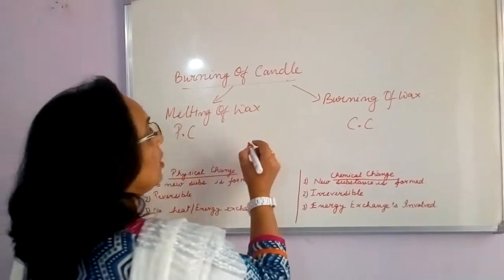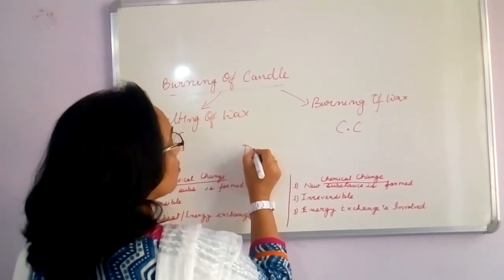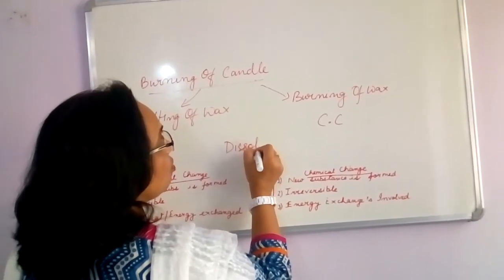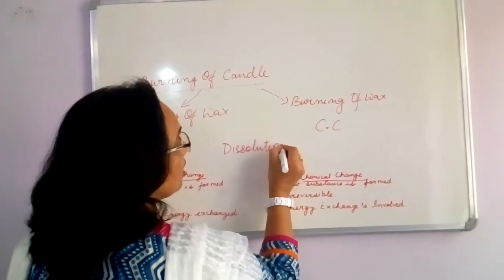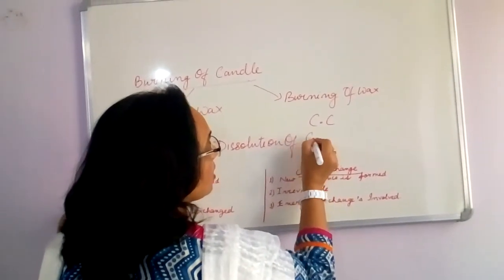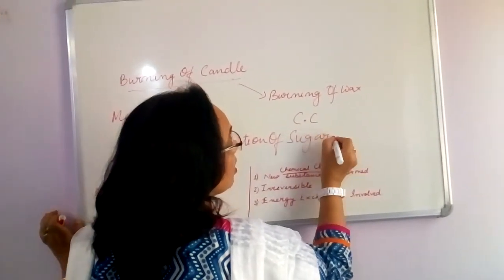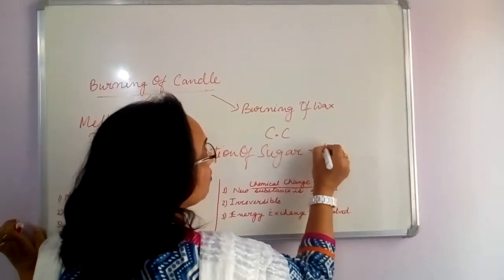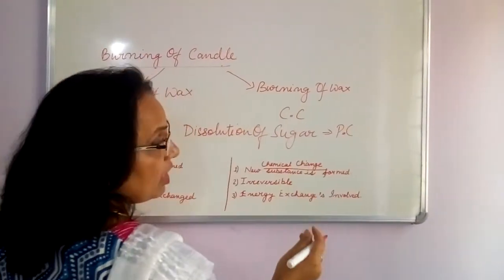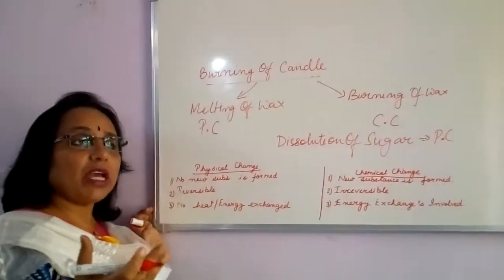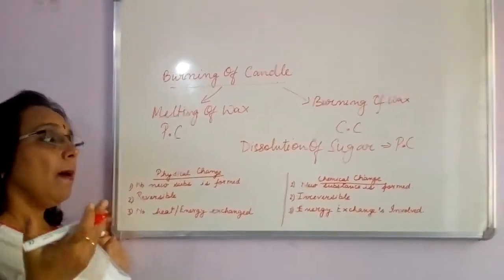For example, dissolution of sugar. Dissolution of sugar is a physical change. Why is it a physical change? Because the chemical property of the sugar has not changed. We can get back the sugar by simply evaporating the water.